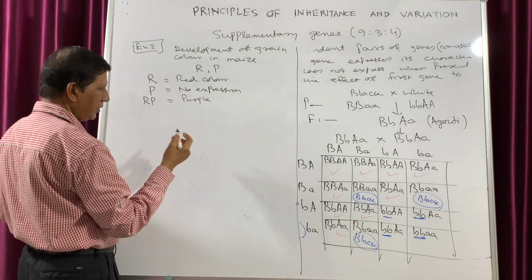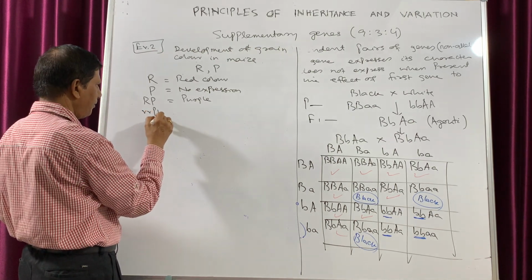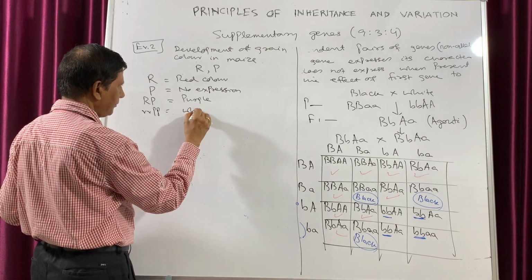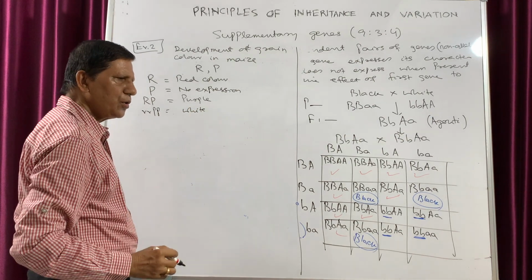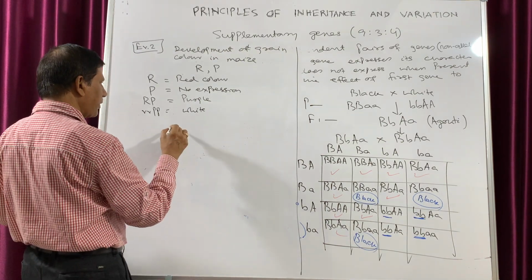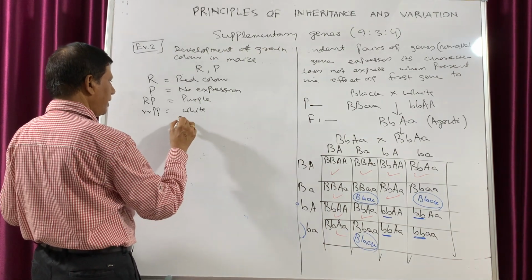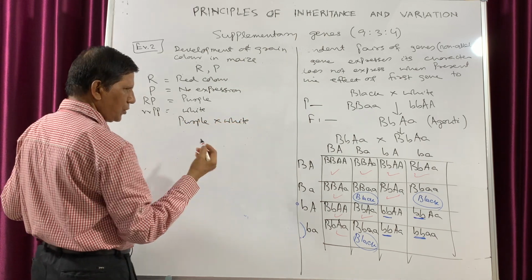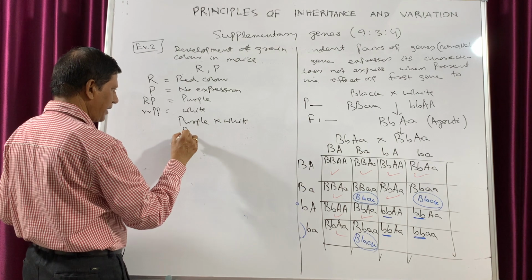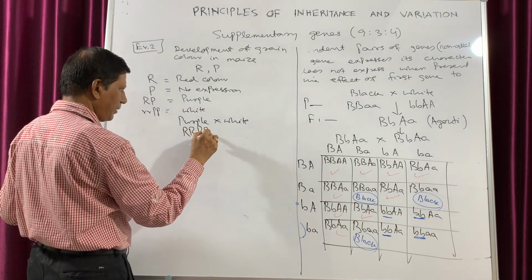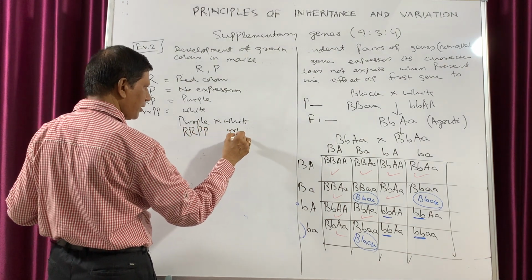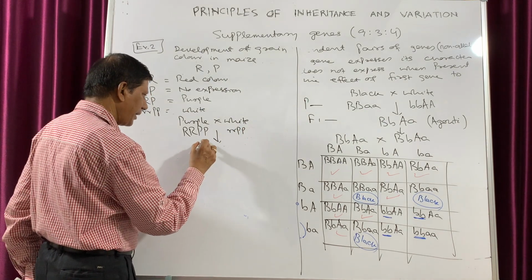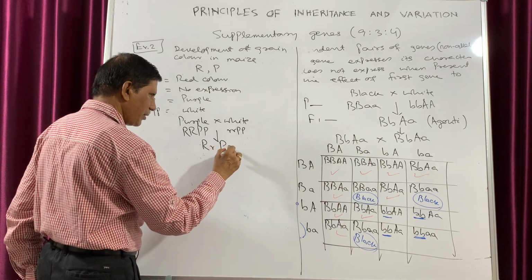And when both are present in a recessive form, then the color is usually white. So when a cross is made between purple and white, the purple is capital R, capital P, and the white is small r, small p, and the F1 hybrid will be capital R, capital P, small p.